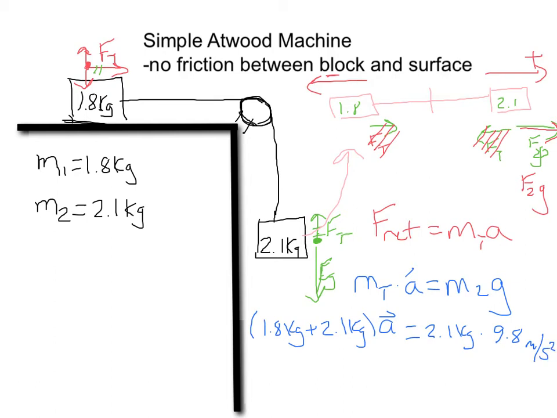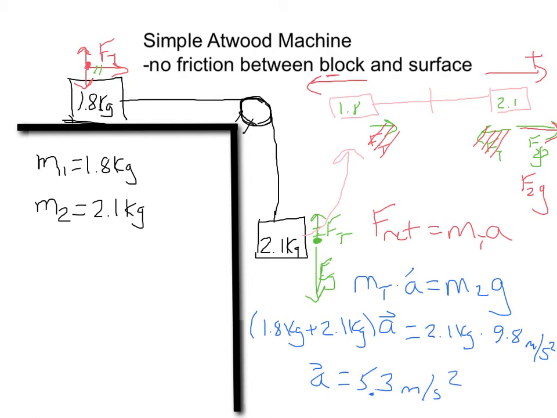So I'm going to do a little calculation here and solve for my acceleration. I see that my acceleration is going to equal, if I plug in the numbers, 5.3 meters per second squared.